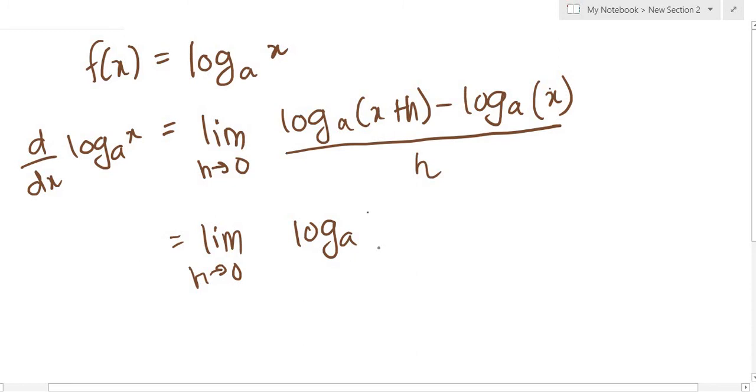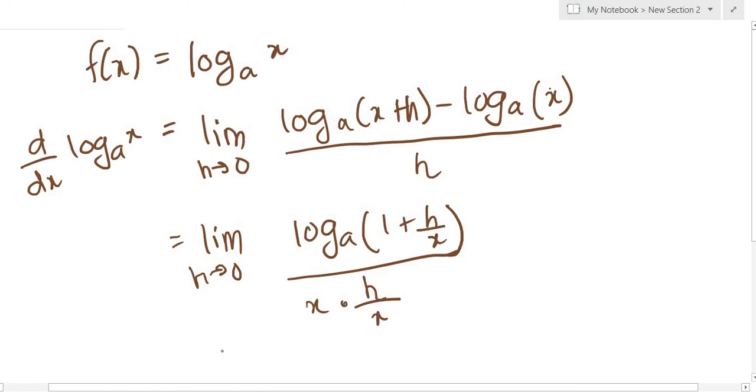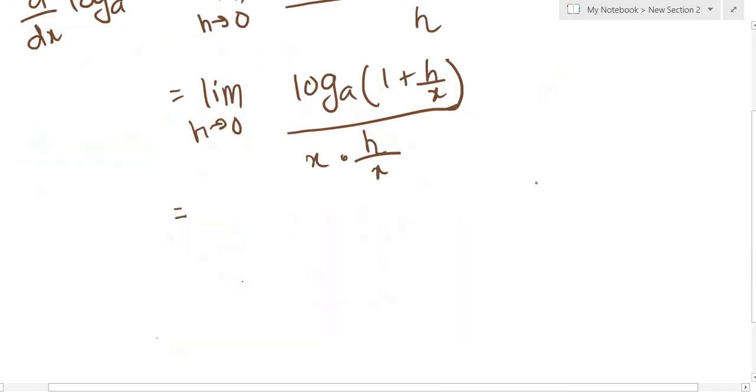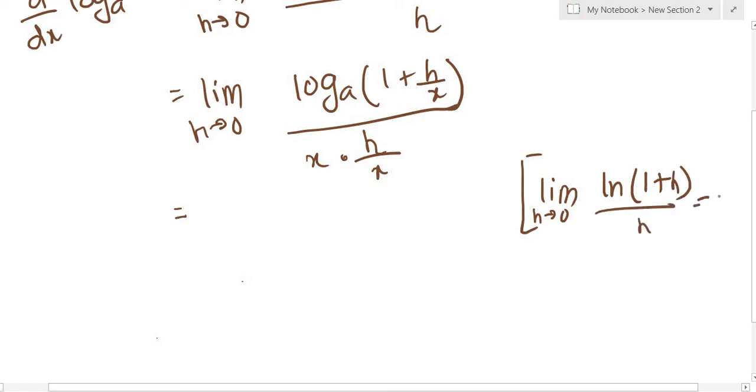So log to the base a of 1 plus h by x all over h by x times x. Just doing it like before, multiply and divide by x. But the limit identity that we wrote before, the limit as h tended to 0 of ln of 1 plus h all over h is equal to 1, that's only true for the natural log.